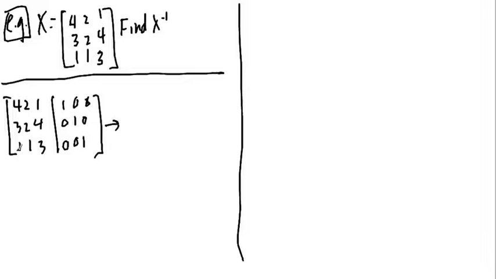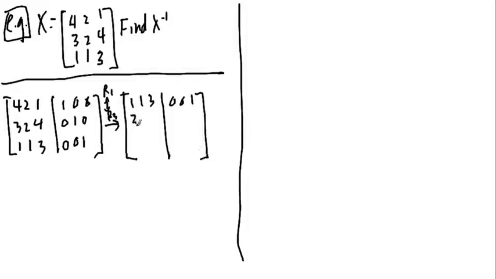Now, first we would like to get a 1 up here, and the obvious thing to do, I think, here is to swap rows 1 and 3. So we'll just do that. I got 1, 1, 3, 0, 0, 1, 3, 2, 4, 0, 1, 0, and then 4, 2, 1, 1, 0, 0.